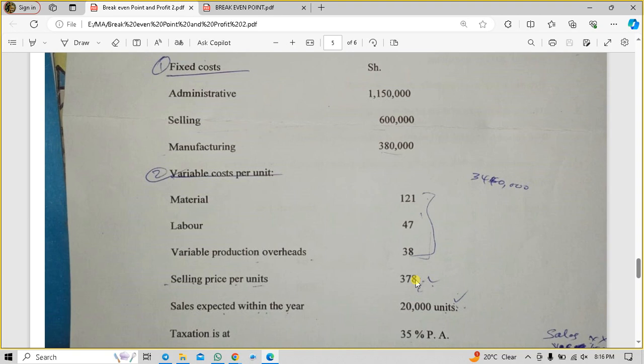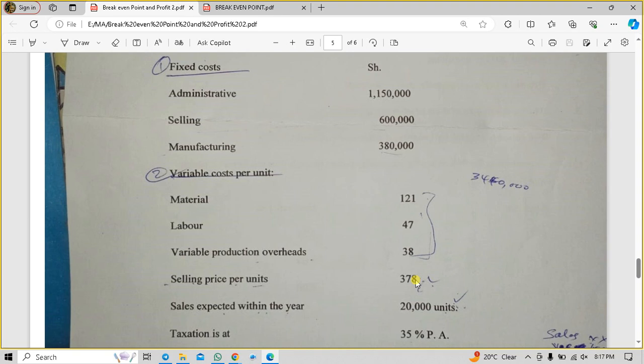So it means that for sales tutasema 20,000 times 378. Mnapata ngapi? $7.56 million.